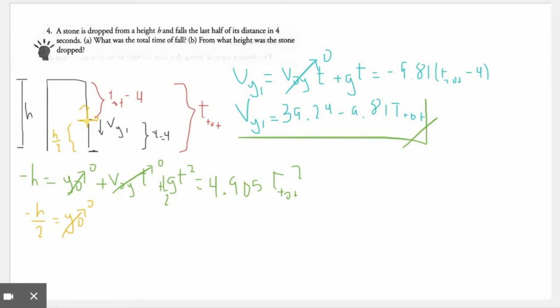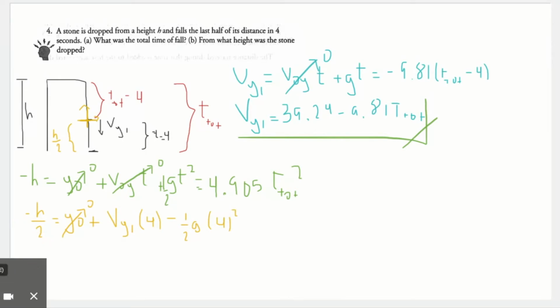The stone is going at the velocity we named Vy1. So instead of using the initial velocity times t, we will be using Vy1 times 4. Why 4? Because from here to here the problem tells us that it takes 4 seconds. Then minus 1/2 g times 4 squared.